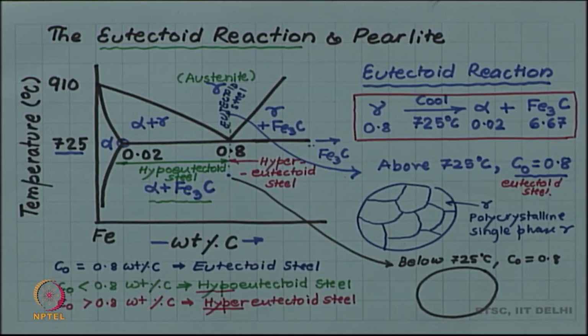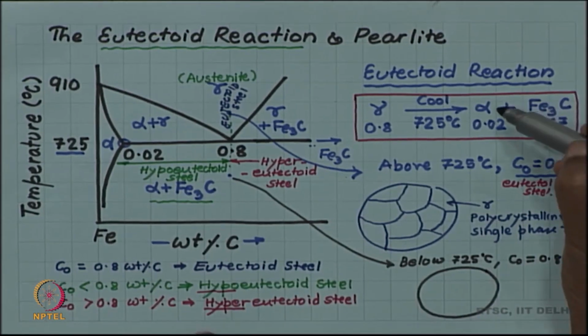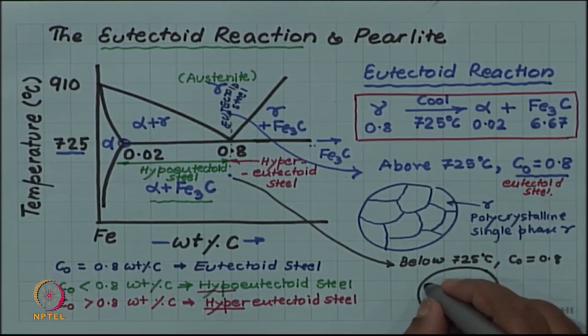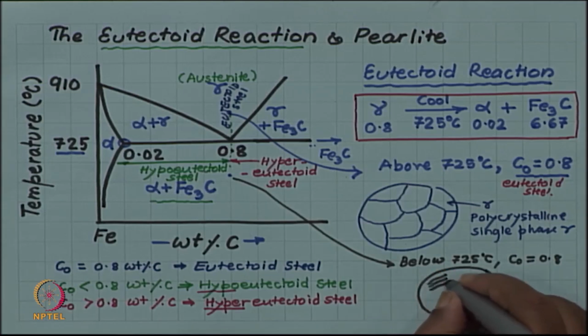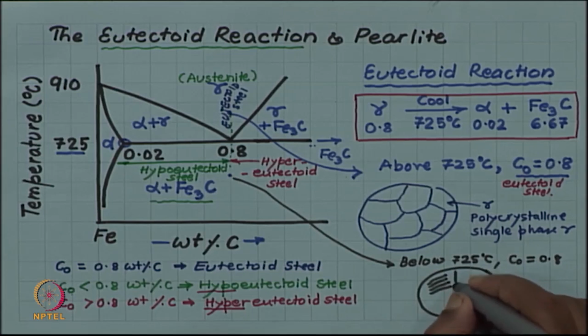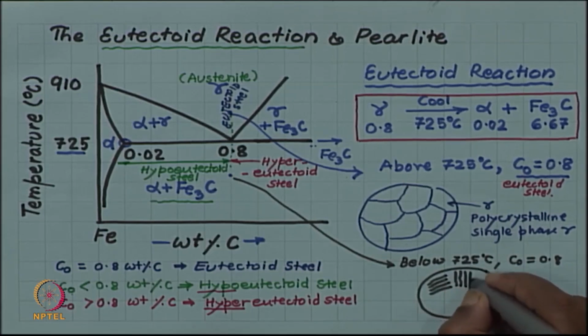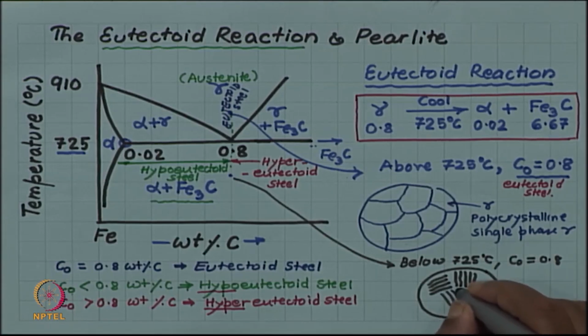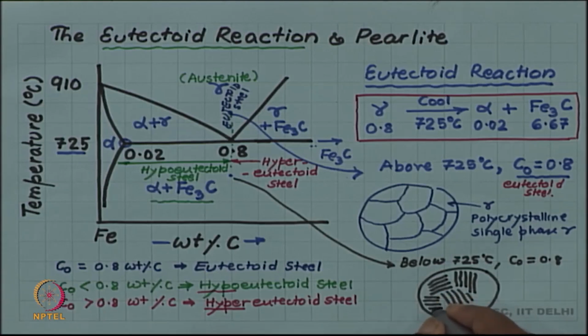Now, the phase diagram does not tell us the morphology. The phase diagram is only telling us that we will have a mixture of two phases alpha and Fe3C, but it so happens that if you look at the microstructure, you get alternate plates of alpha and Fe3C, and these plates will be oriented differently in different regions. These are called different colonies.